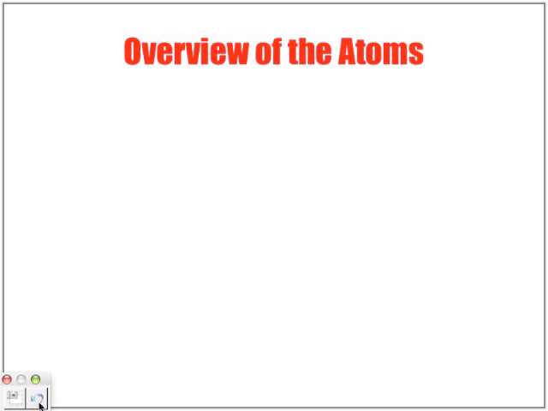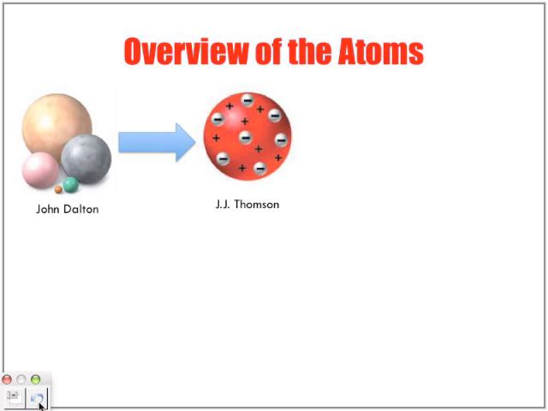So, an overview of the atom. John Dalton suggested that all atoms are tiny spheres, each sphere slightly bigger to represent each different one. That was the most primitive version of the atom. Ultimately, J.J. Thomson said that the particle was positively charged, and because it exhibited no charge overall, it must have had a whole bunch of negatives within it.